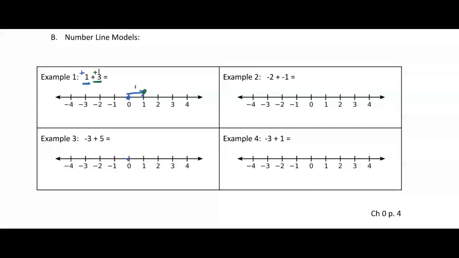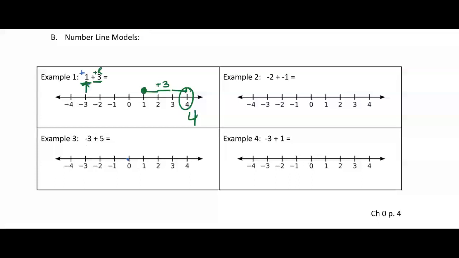I'm going to go in the positive or right direction 3 more. 1, 2, 3. Which leaves me at positive 4. So I see 1 plus 3 equals 4. In IXL, they'll show a line starting at 1 because this is a 1, and that's where we end up going first from 0. So just keep that in mind.